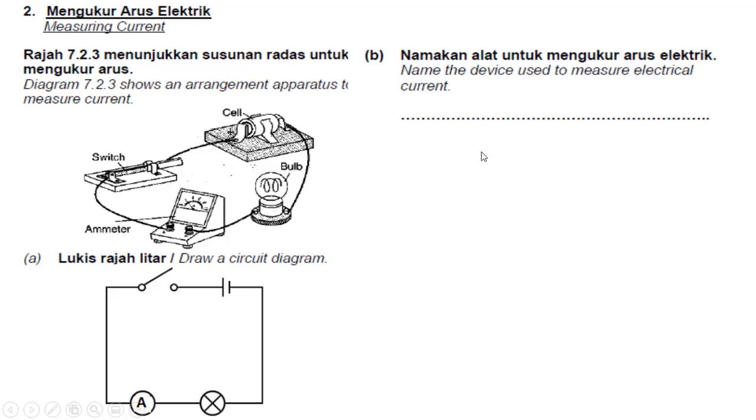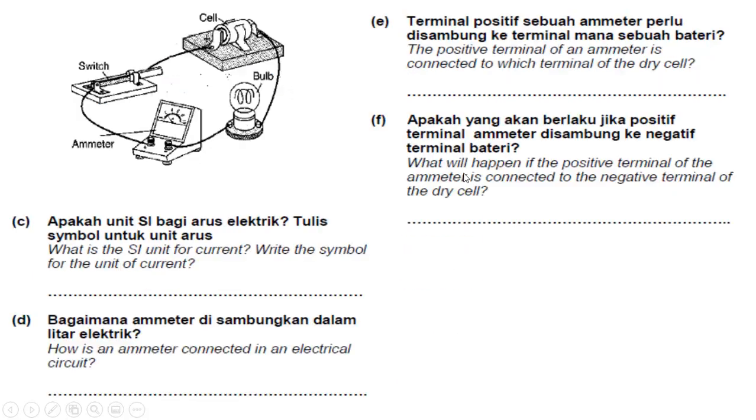Name the device used to measure electrical current. Ammeter. What is the SI unit for current, and write the symbol for the unit of current. The SI unit for current is ampere and the symbol is A. Remember, the symbol for current is I. How is an ammeter connected in an electrical circuit?